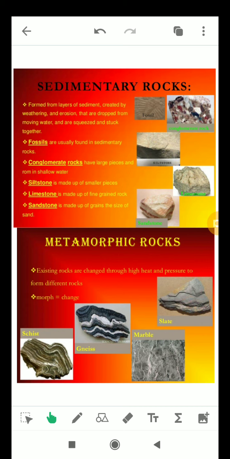For instance, limestone, a sedimentary rock, would change into marble, and granite will change into metamorphic rock. The process of change is called metamorphism, and it may take millions of years for this change to occur.